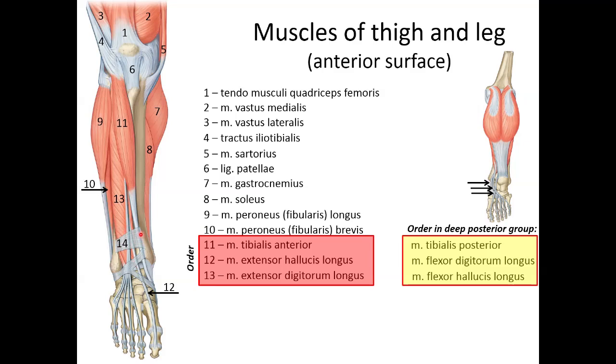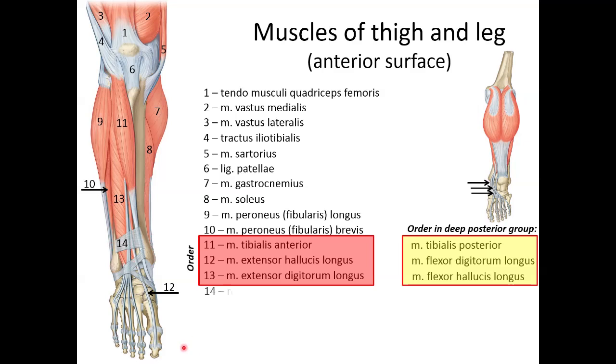What is it? We already said that on this thigh there is fascia lata, which surrounds the whole thigh. And on the leg there is also fascia cruris, which has two thickened parts, which are demonstrated here.